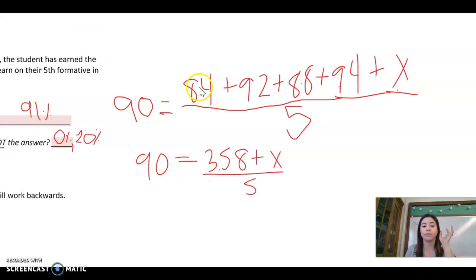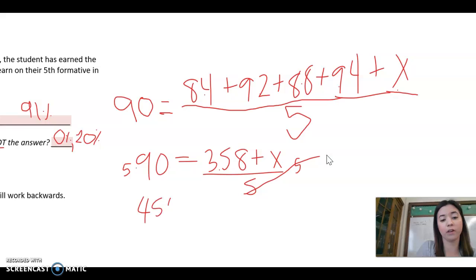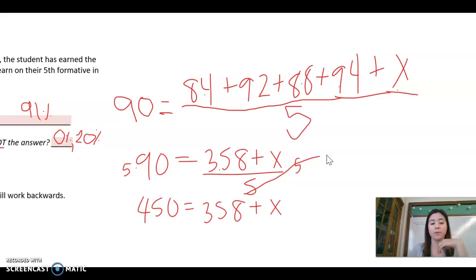All right. Back to algebra. We get rid of the bottom first, so we'll times both by 5. 5's cancel. And now we get 9 times 5 is 45. Add that 0. 358 plus X. And now we have this positive 358 that's being added. So then we subtract it from both sides.